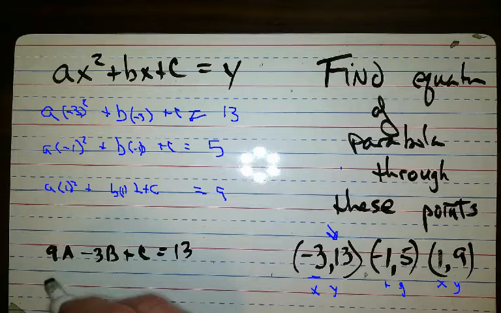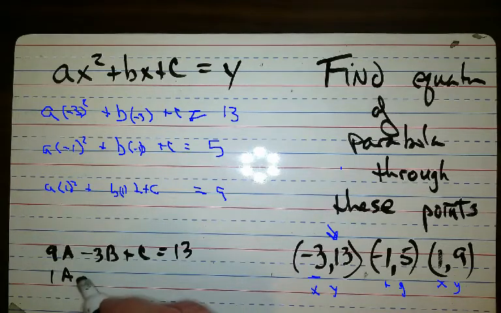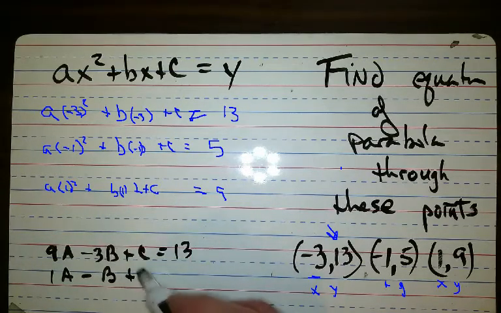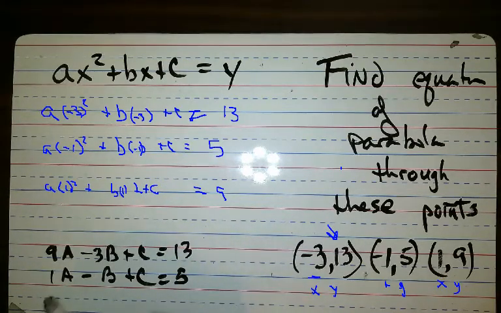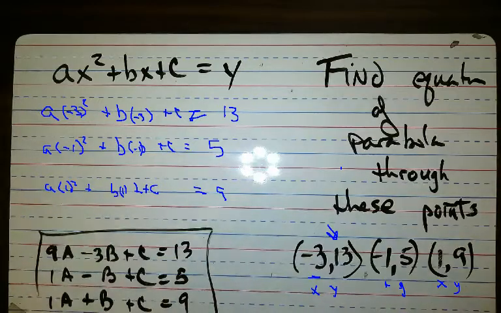And then 1a minus b plus c equals 5. And then 1a plus b plus c equals 9. So there are my 3 equations with 3 unknowns.